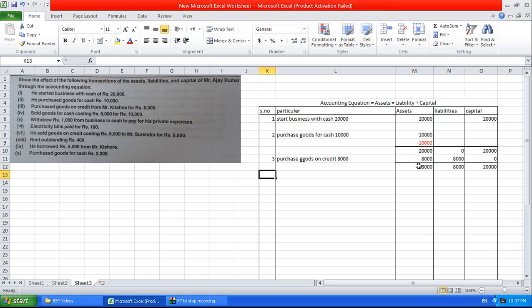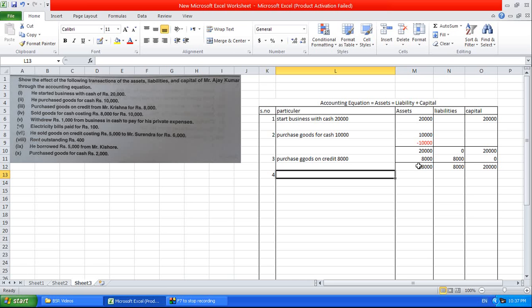Now for the fourth entry: sold goods for cash costing rupees 8,000 for rupees 10,000. The cost of the goods is 8,000, but the amount we sold them for is 10,000. So we have got 2,000 extra.